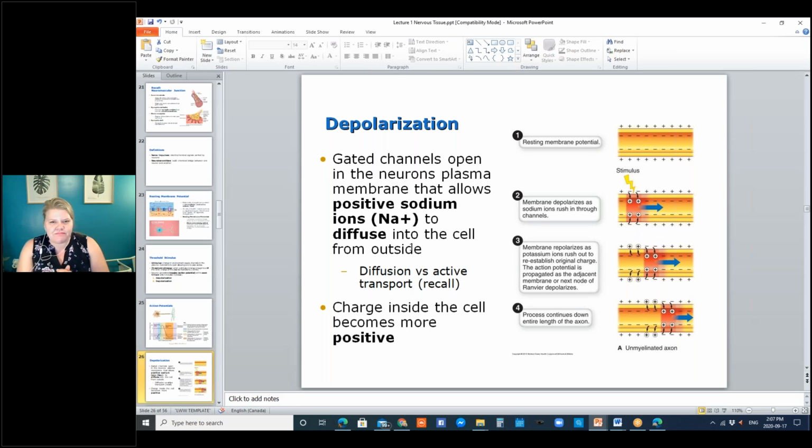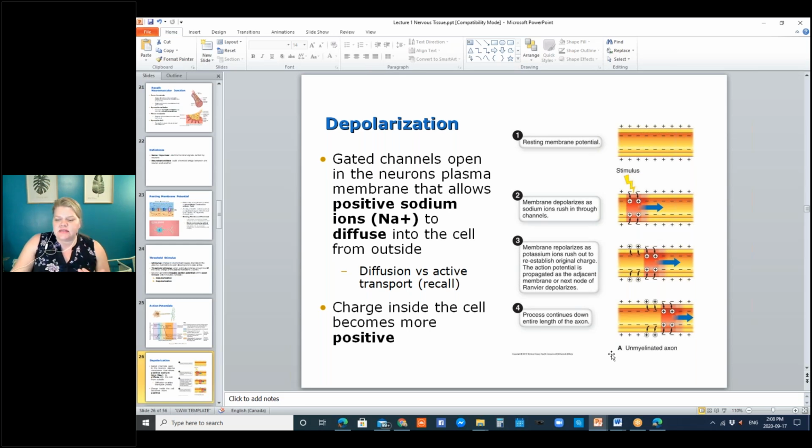So I just wanted to clear that up and make sure that you're understanding the difference between diffusion and active transport. I can't imagine myself testing you on anything very complex like that, but it can be a place where you get confused, like why this happens. So hopefully I didn't confuse you there, but just know that because of the difference in that concentration gradient, sodium wants to come into the cell without ATP. It's just using its gradient to move in.